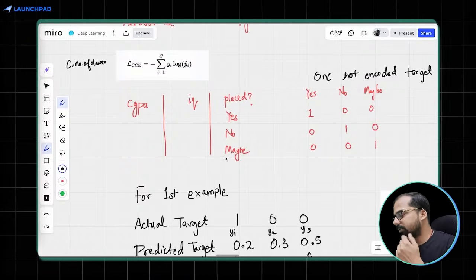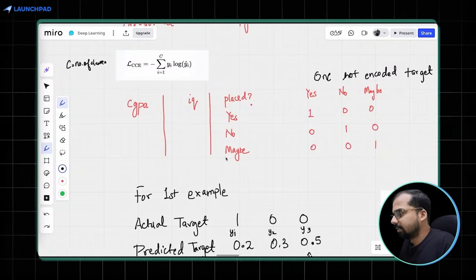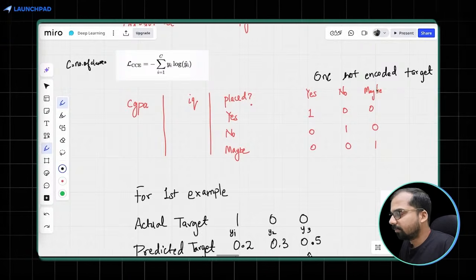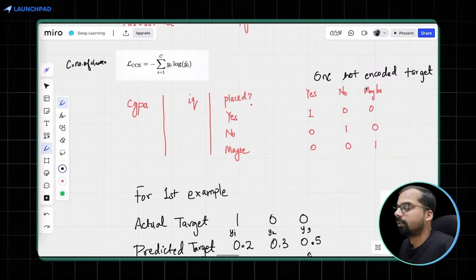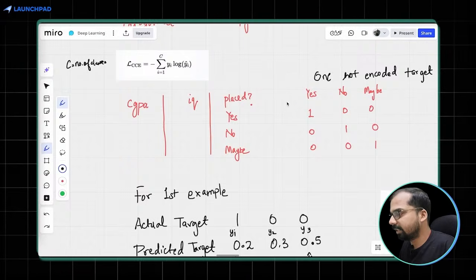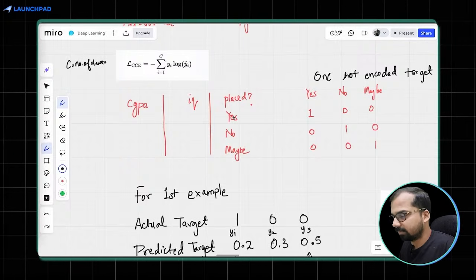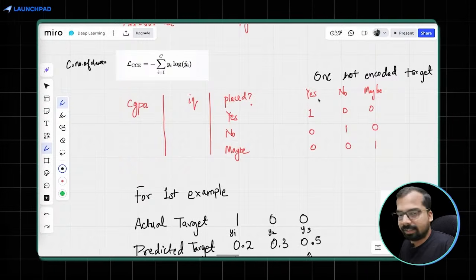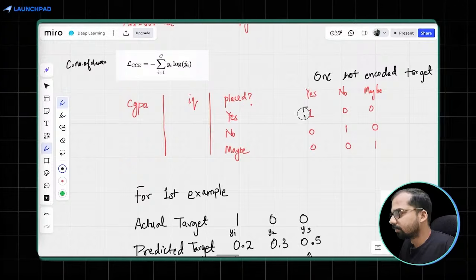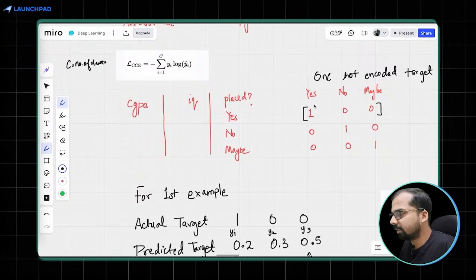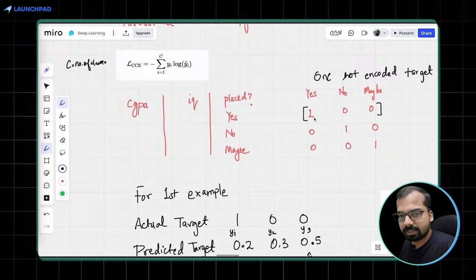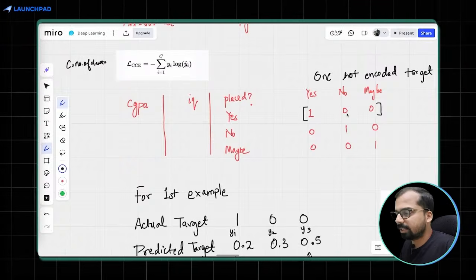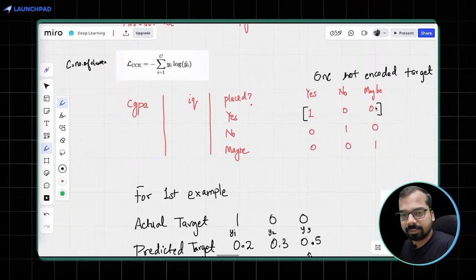In case of multiple classes, we do something known as one hot encoding. One hot encoding converts this placed column, which is yes, no, maybe, into a vector where the first value tells whether it is yes, the second value tells whether it is no, and the third value tells whether it is maybe.